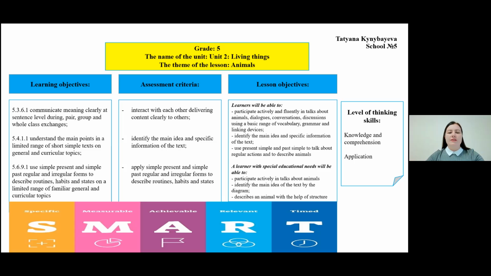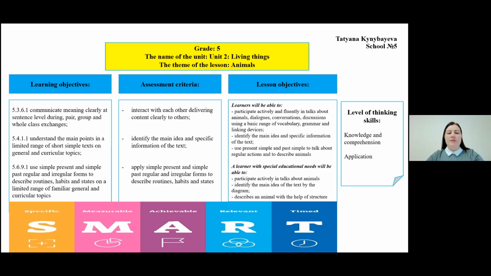In order for the learning objective to be consistent with the subject program, I selected the following learning objectives according to the long-term plan within the same document. 5.3.6.1, communicate meaning clearly at sentence level during pair, group, and whole class exchanges. 5.4.1.1, understand the main points in a limited range of short, simple texts on general and curricular topics. 5.6.9.1, use simple present and simple past, regular and irregular forms to describe routines, habits, and states on a limited range of familiar, general, and curricular topics.